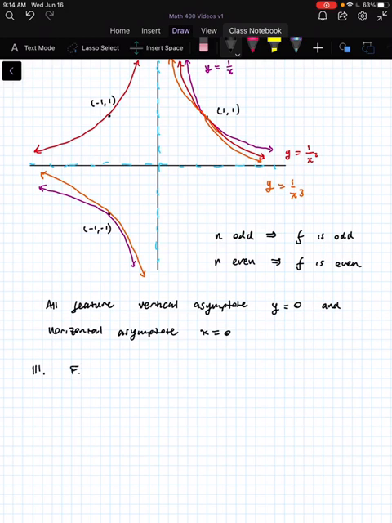Our third case here for the power functions are what we call the fractional powers. So we're talking in this case about something like n equals 1 over k for k an integer.